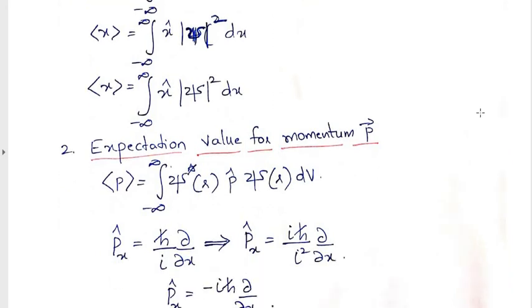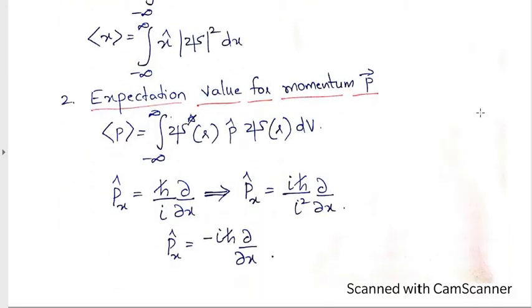Likewise, the expectation value for momentum: the expectation value of momentum is equal to the integration of psi star r, p cap, where p cap is the operator of momentum, into psi r dv between the limits of integration minus infinity and plus infinity.